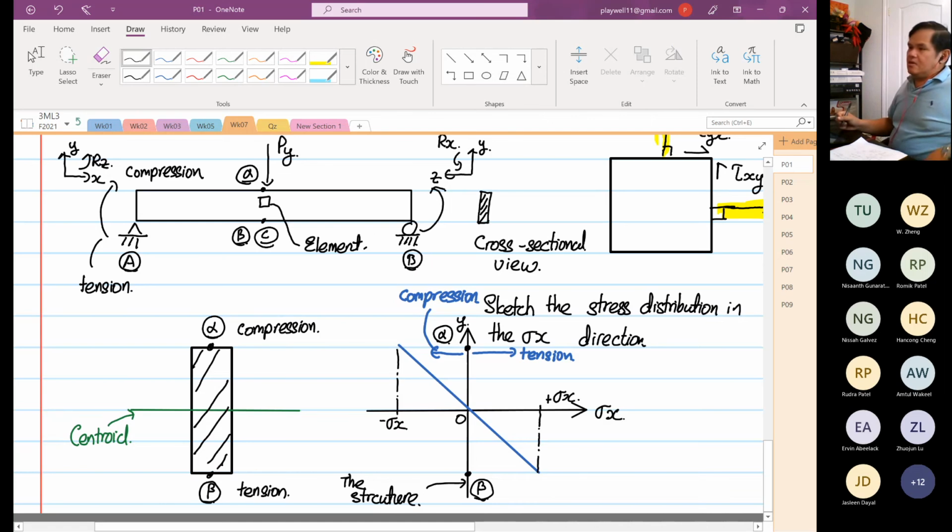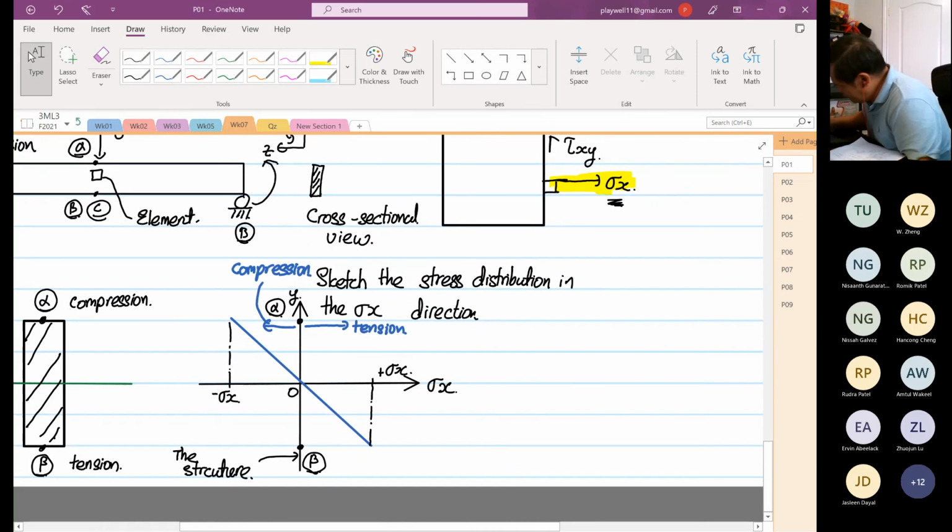Now, regarding tension and compression, all of you know, based on axial loading, that tension is pulling away from the material. When it's compression, it is squeezing towards the material.